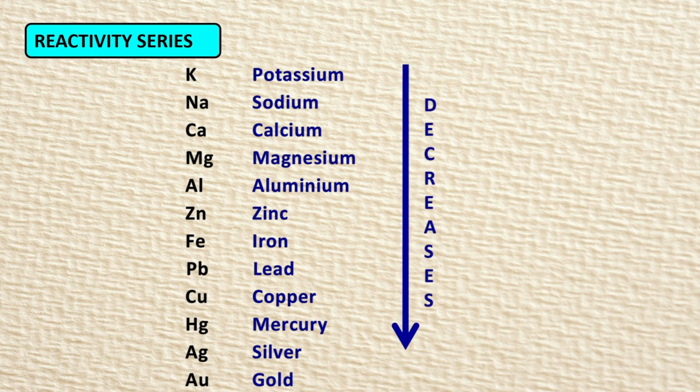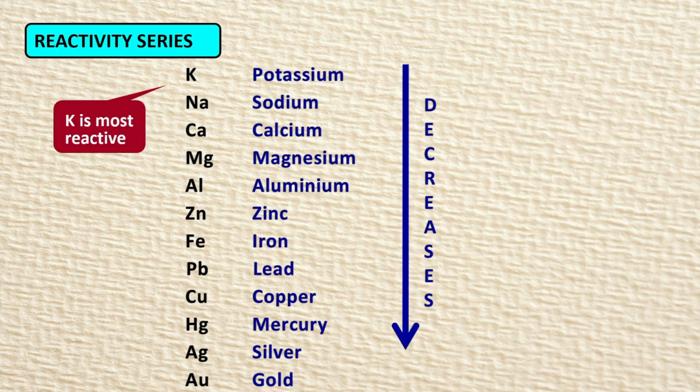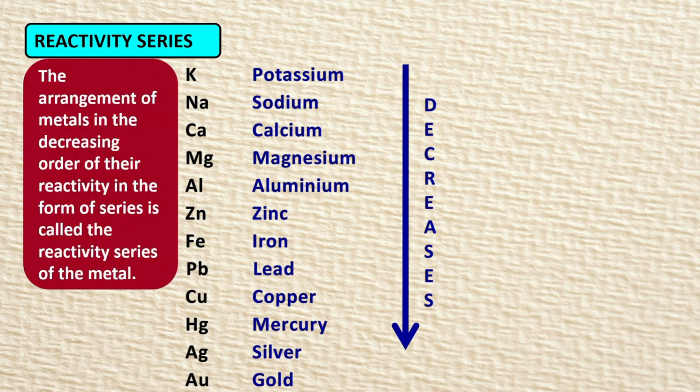These are given in the decreasing order. As we move down, reactivity decreases. K is most reactive, gold is least reactive. The arrangement of metals in the decreasing order of their reactivity in the form of a series is called the reactivity series of the metal.